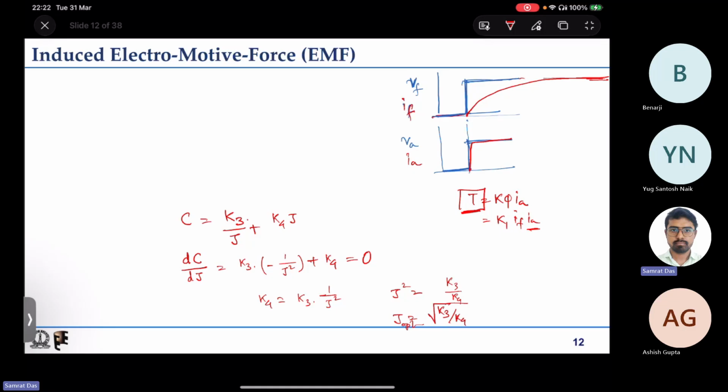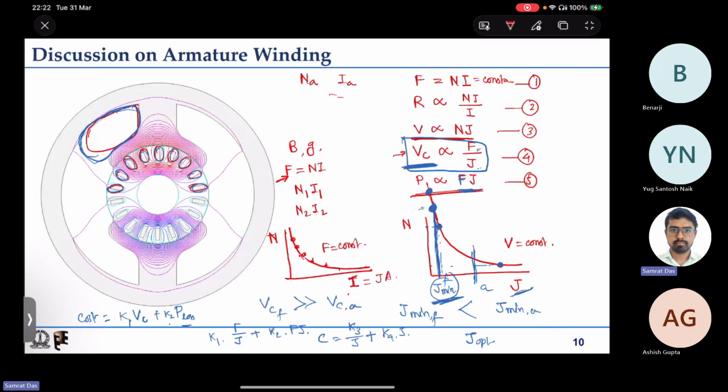if you want to reduce cost, because as I have indicated here, this minimum J is from the maximum available copper area, maximum volume of copper that is available to us. But copper also has some cost. We cannot blindly put more and more copper because copper is expensive.